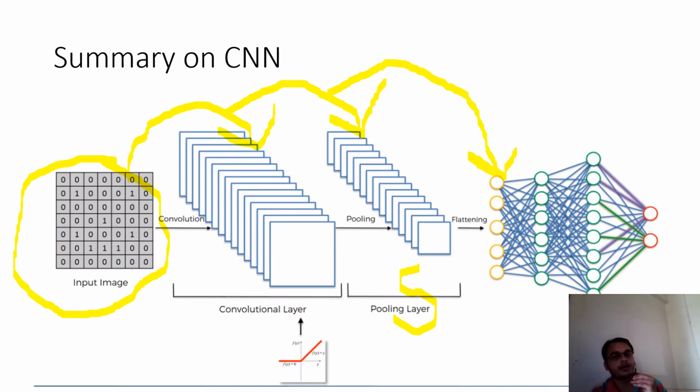These 5 values are in matrix form, but ultimately we are interested in having them as one-dimensional values. Hence these 5 values are flattened: this is my first value, second value, third value, fourth value and fifth value. These 5 values are again used over here as input to a neural network.